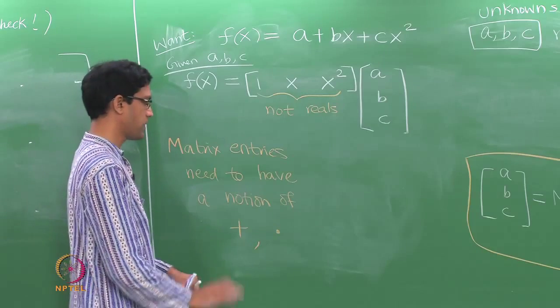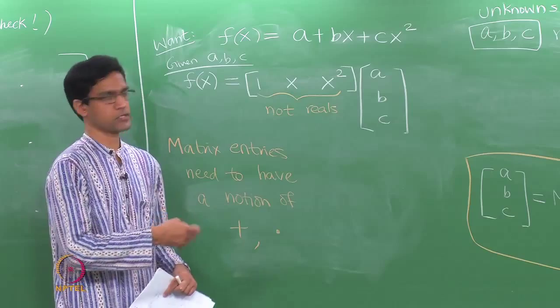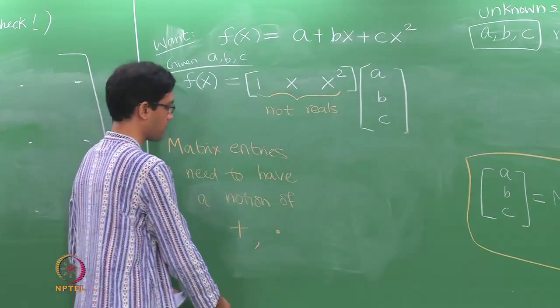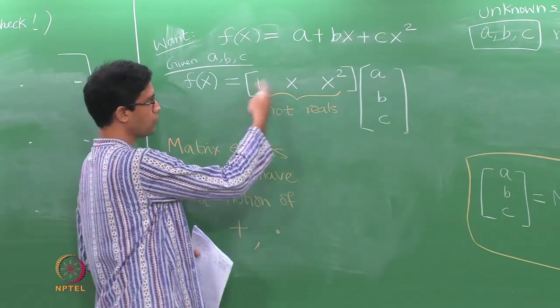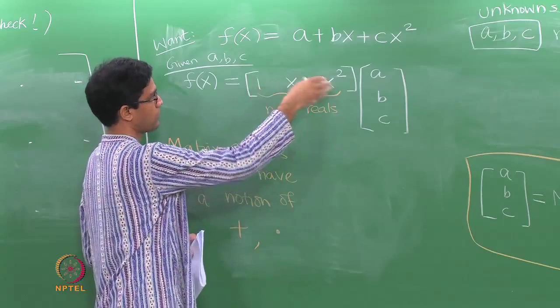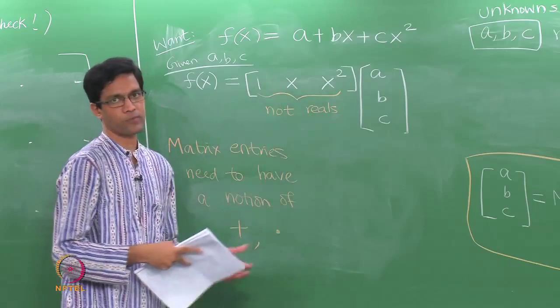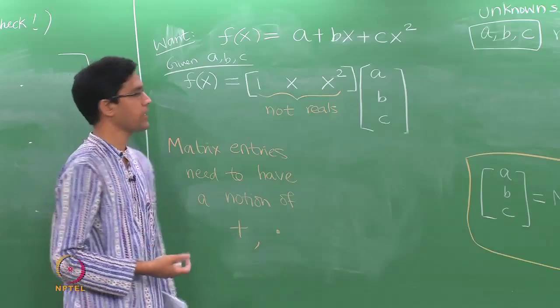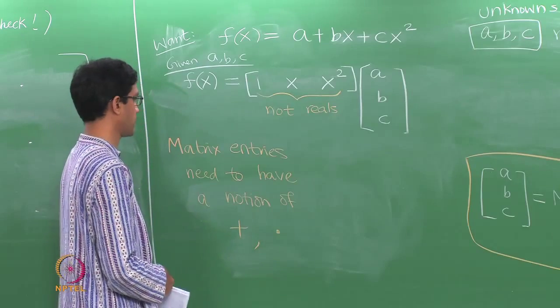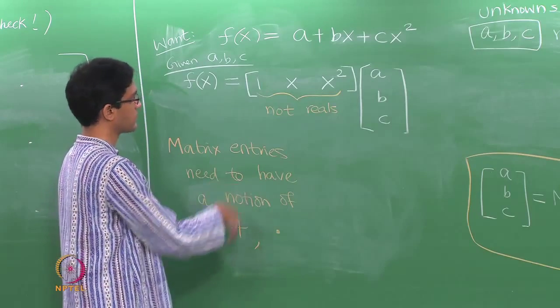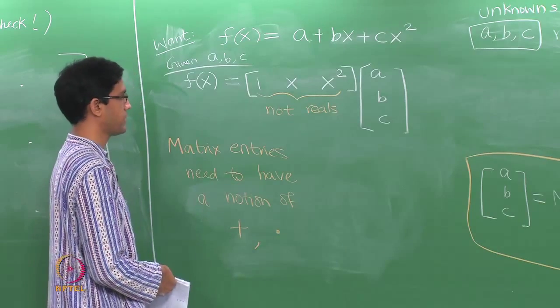That's pretty much all you need. You don't need anything else. So it's okay to have 1, x, x squared be matrix entries, because these are polynomials in x and we know how to multiply two polynomials together, or add polynomials, etc. This is all that will really come up when you try to multiply or add matrices.